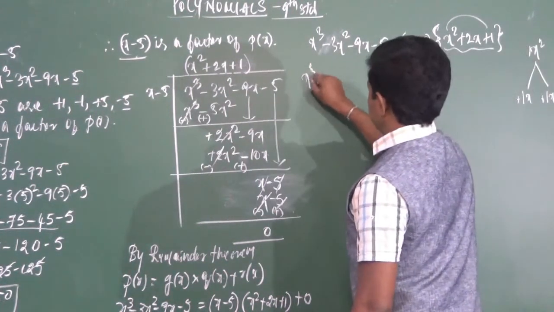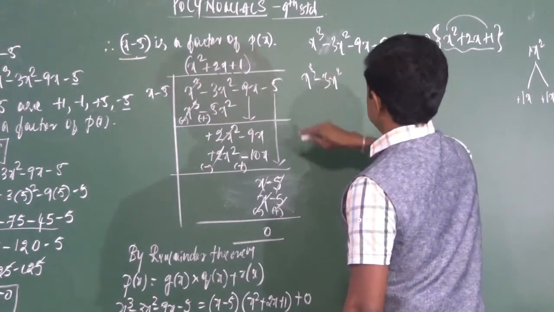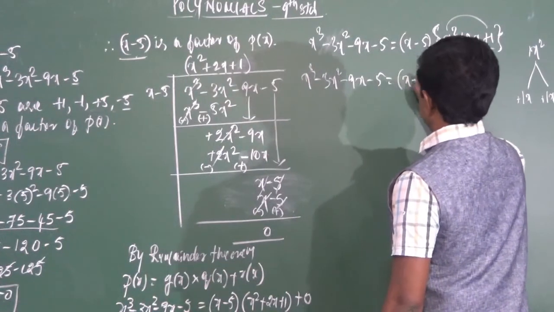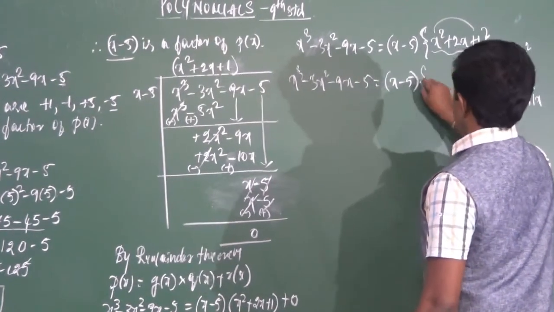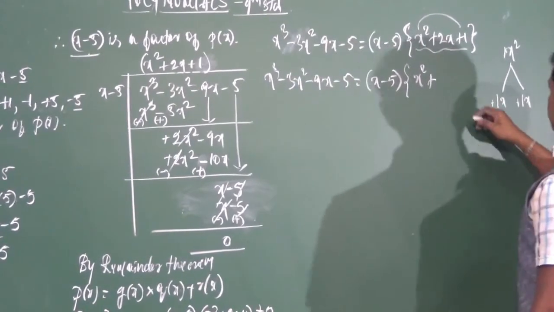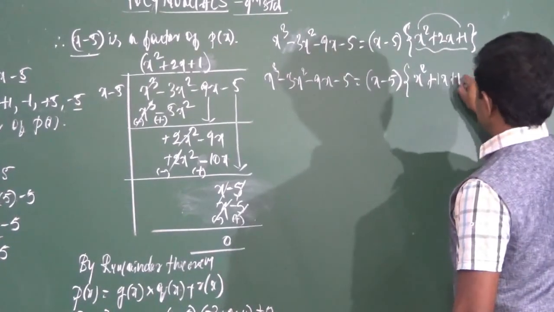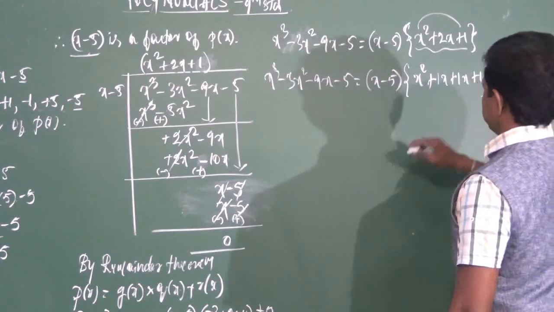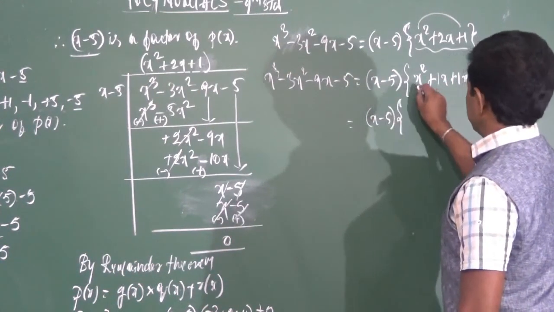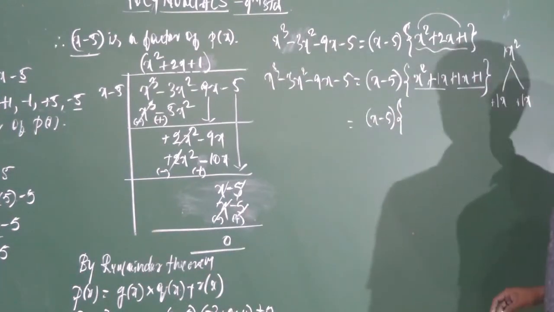So x cube minus 3x square minus 9x minus 5 is equal to x minus 5 into x square plus, instead of plus 2x I can write plus 1x plus 1x, plus 1. It is x minus 5 into, out of the first two and the last two terms we can take common.